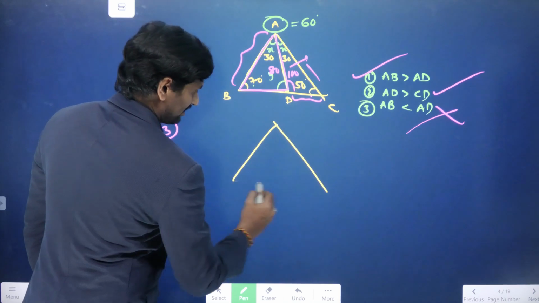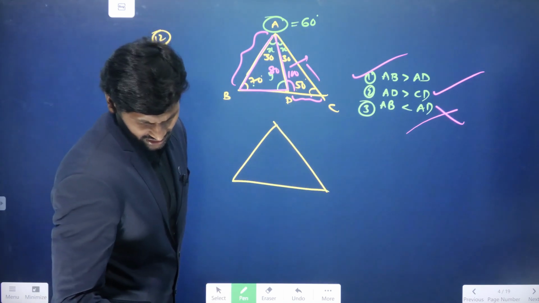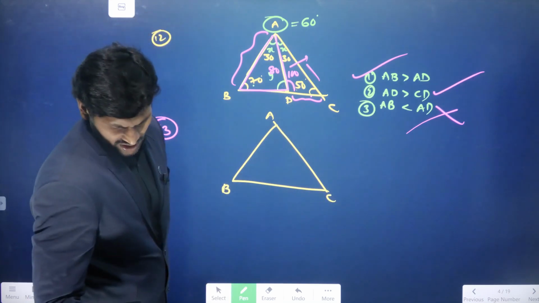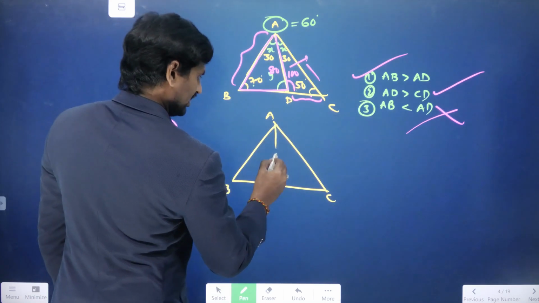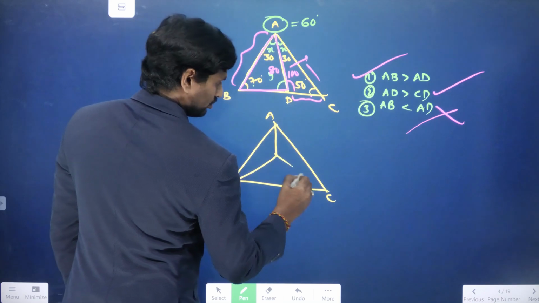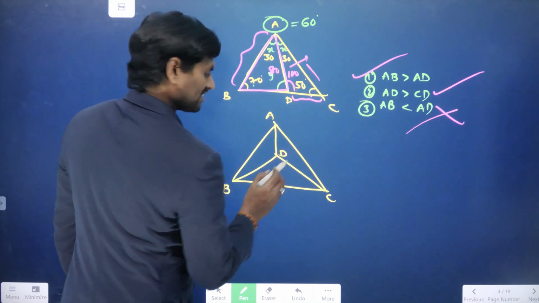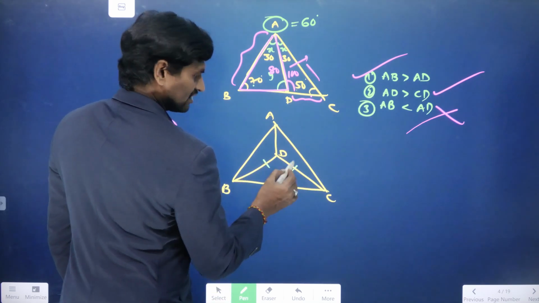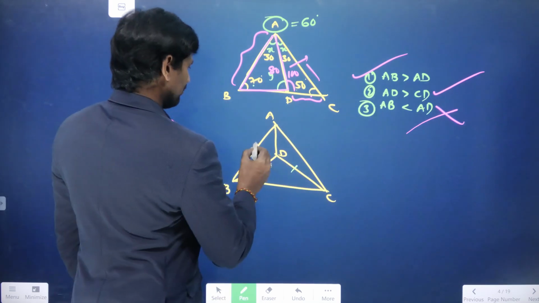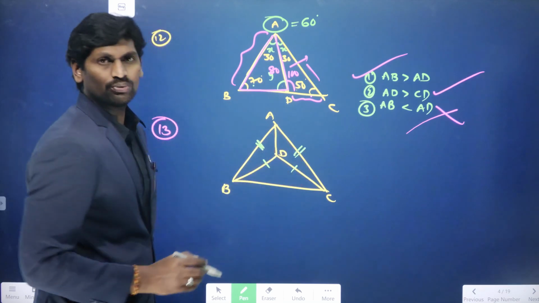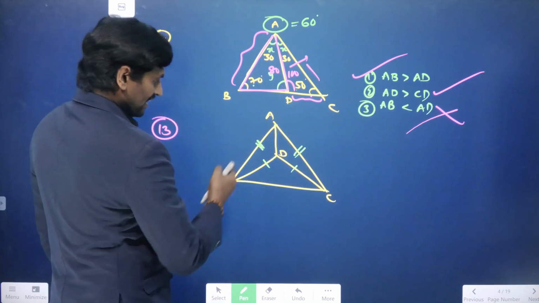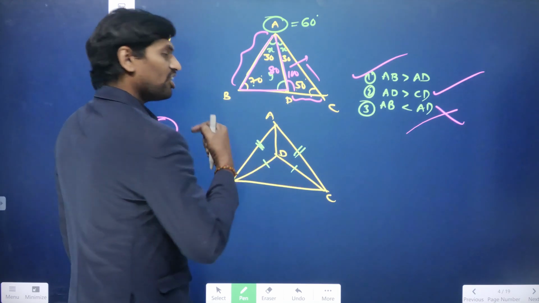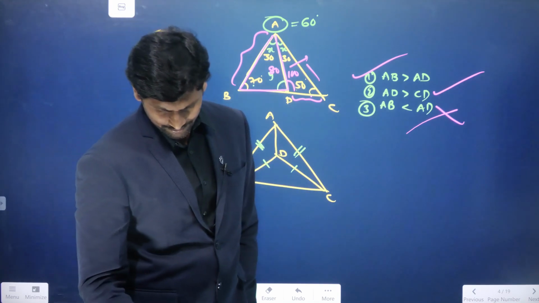ABC is a triangle, and A to D, B to D and C to D are connected like this. Here BD and CD lengths are equal, and AB and AC lengths are equal. That means ABC is an isosceles triangle, and in the same way BDC is also an isosceles triangle.